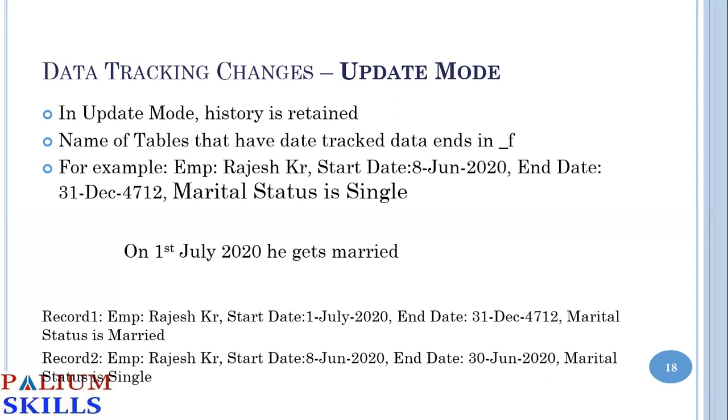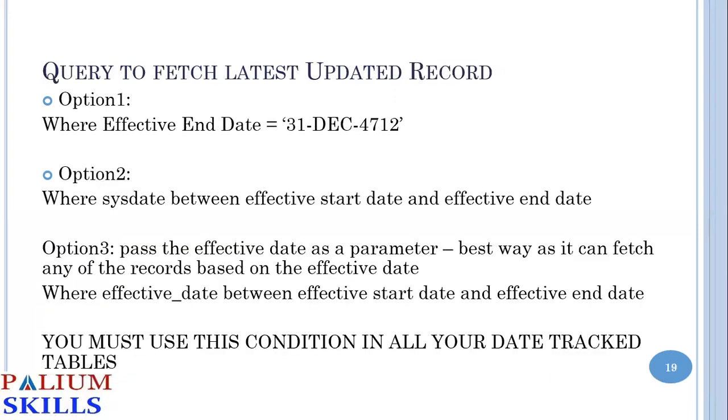Okay. Now, when we try to fetch records from the database, which will show me the latest date? The query should have a condition which will fetch you the latest record or a date effective record, depending on what you want to query.